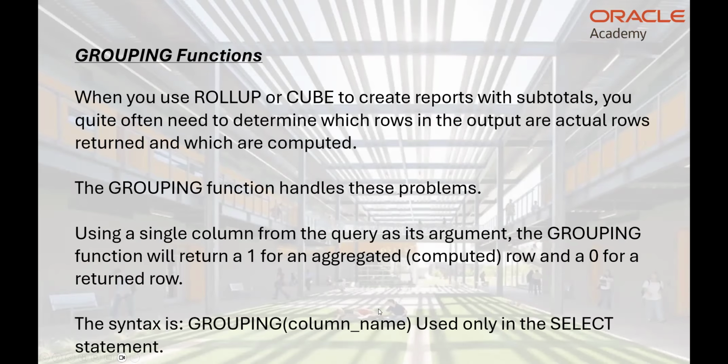So basically, if you want to essentially see which rows are going to create a calculated result, and which rows are coming from the actual select statement, you can use this syntax.